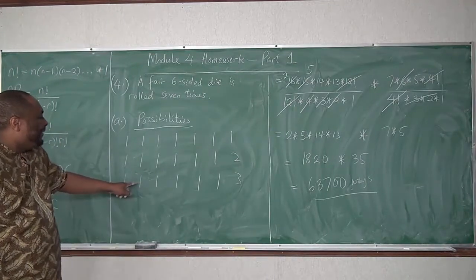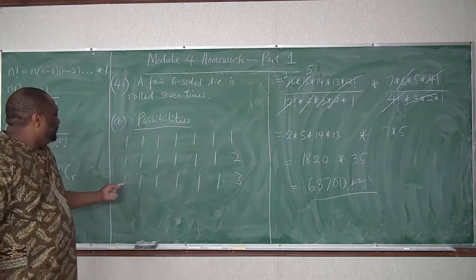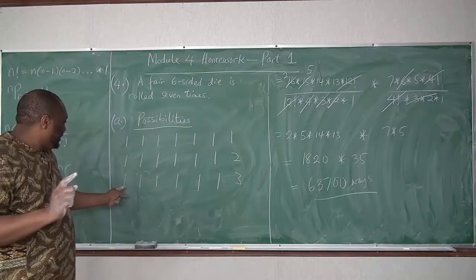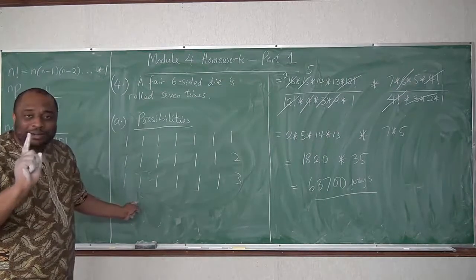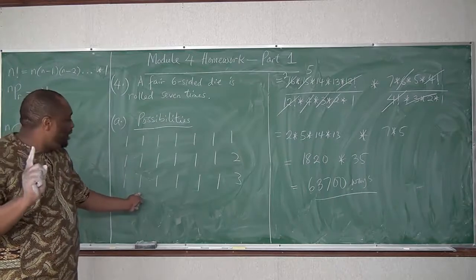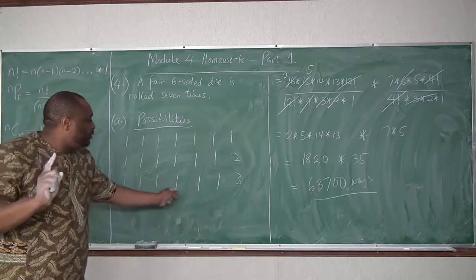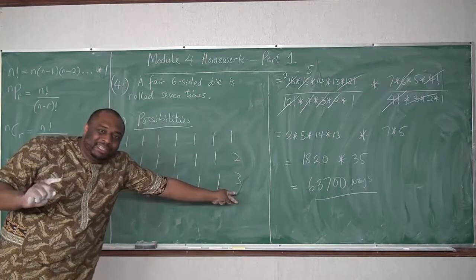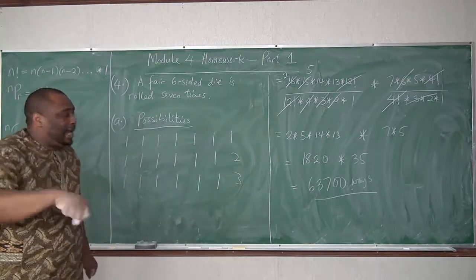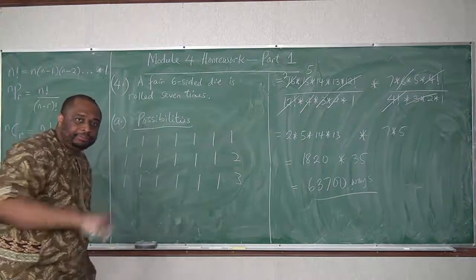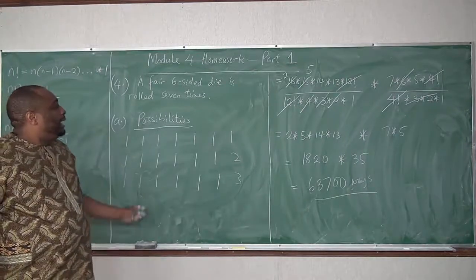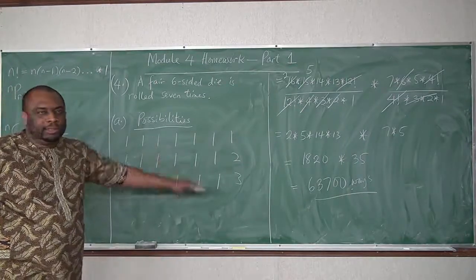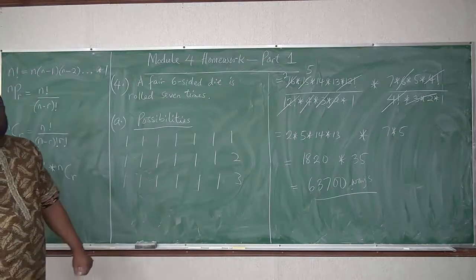Okay, so you could get 1 on the first row, 1 on the second, 1 on the third, 1 on the fourth, 1 on the fifth, 1 on the sixth, 3 on the 7th row. This is a fair 6-sided die you're rolling. Imagine, it's too much.